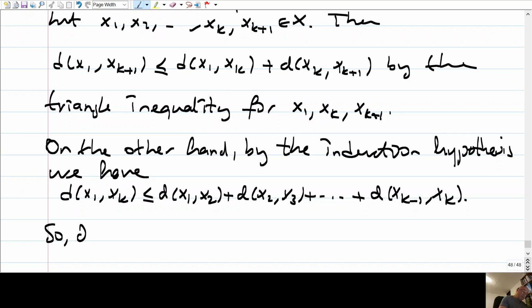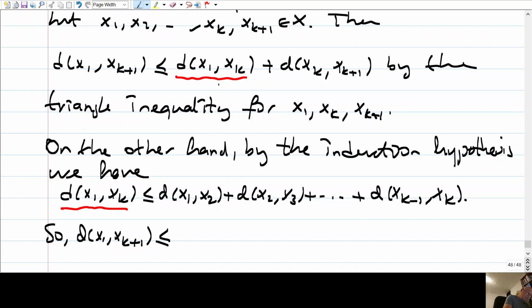So d(x1, xk plus 1) will be less than what? Instead of this term, let me underline it, I will write something bigger. So I will get an expression bigger than this.